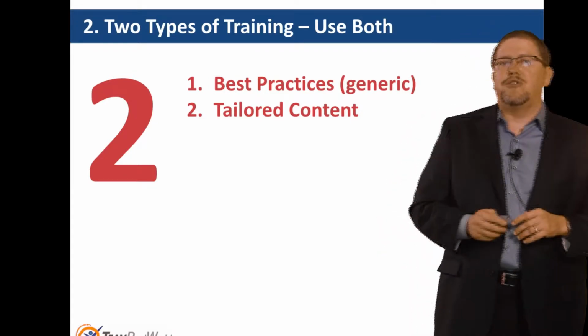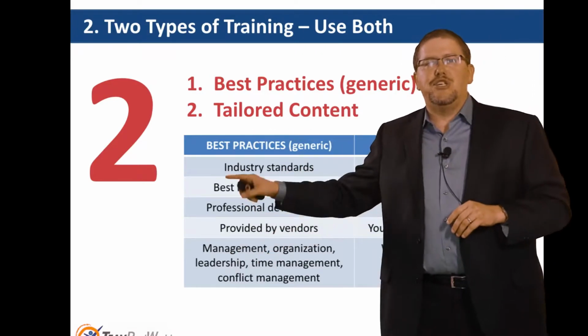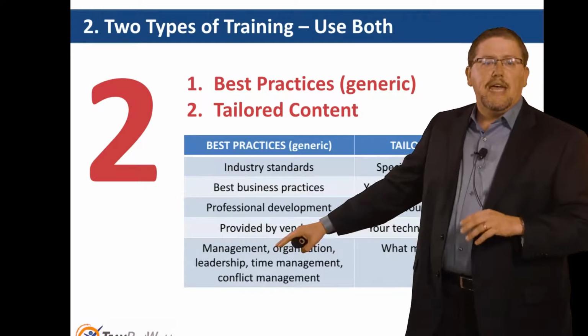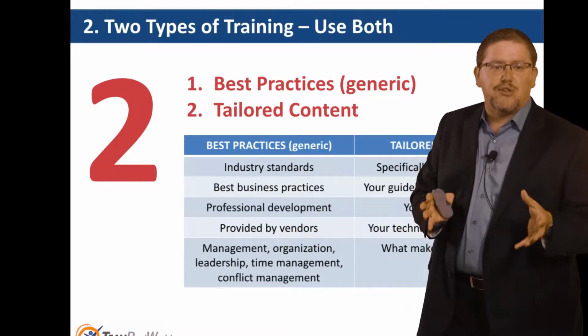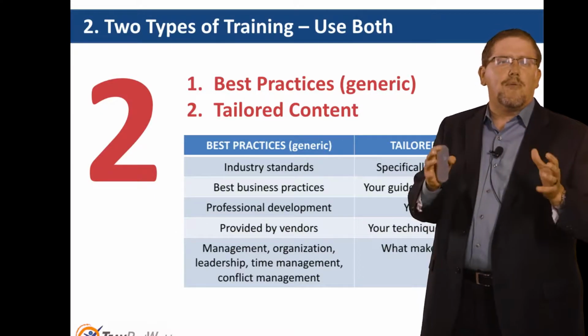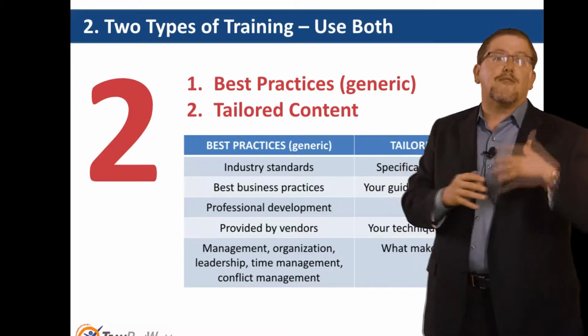All right, let's break this out into 2 different columns and I'll show it to you. Over here is the general training, and what this means is that general training is things like industry standards, or best business practices, or general categories that you can find training from vendors.